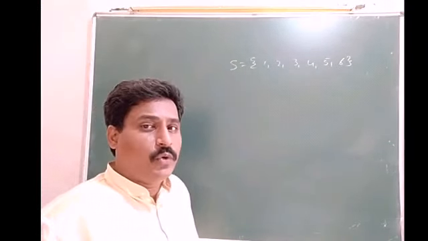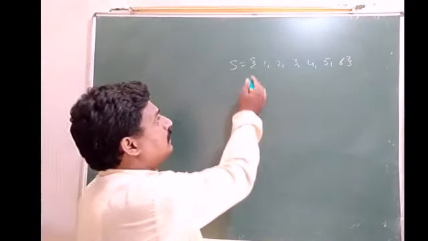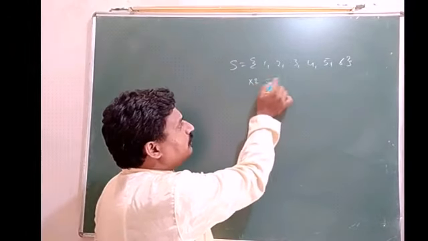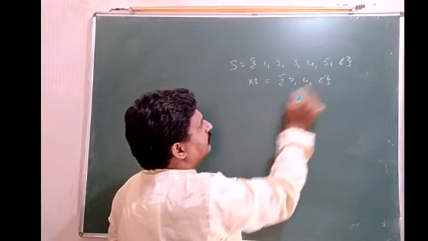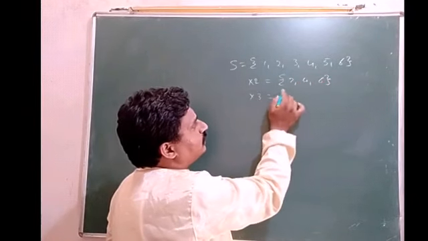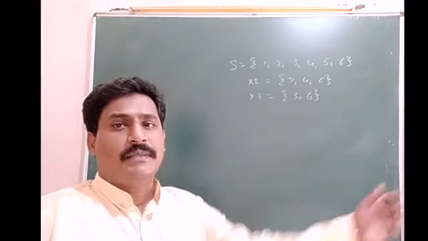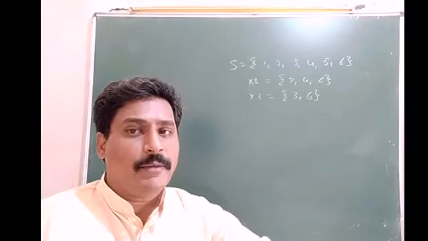A multiple of 2 or a multiple of 3. Multiples of 2 are 2, 4, 6, and multiples of 3 are 3, 6.